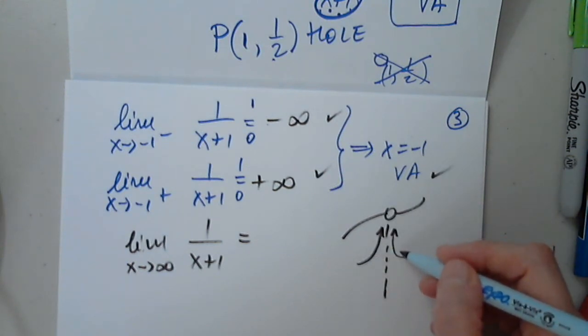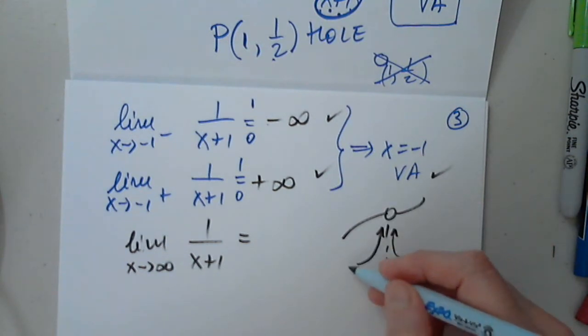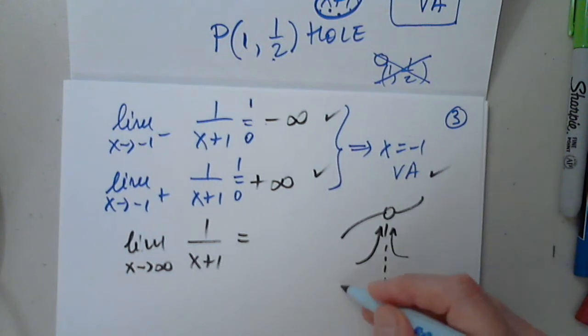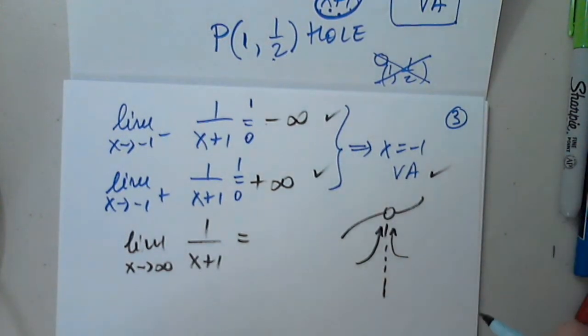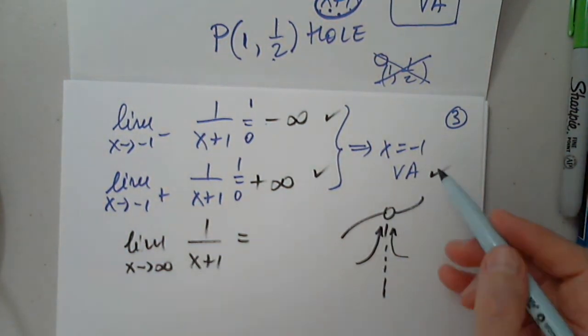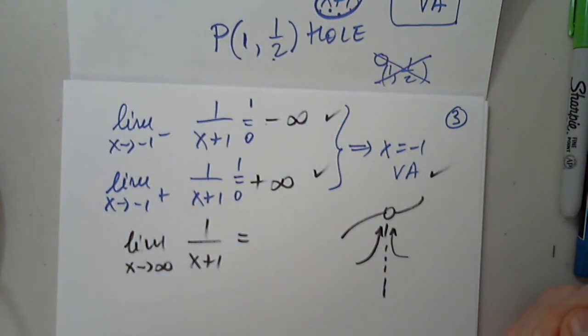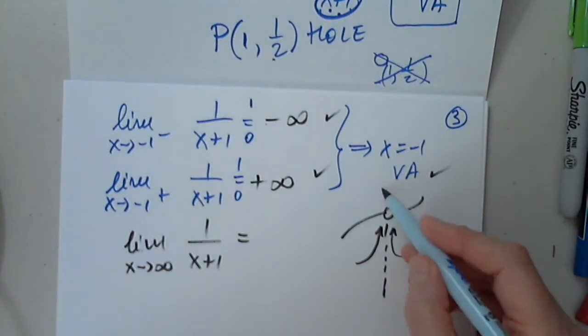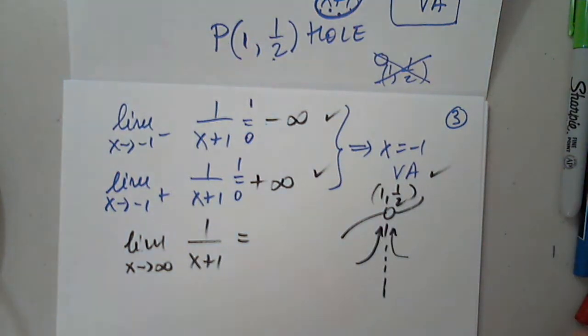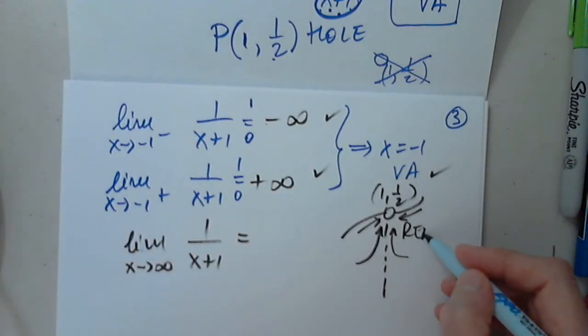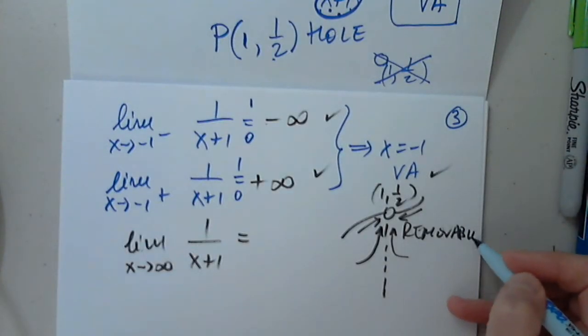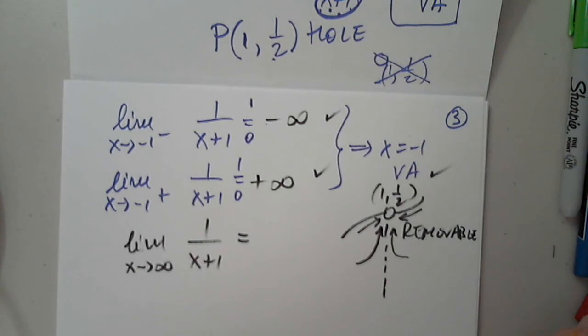Is it this? Is it this? Is it this? Is it this? I don't know. So for the vertical asymptote, I have to find the limits. For the hole, I already have it. It's 1, 1/2. Done. The limit from the left has to be 1/2. The limit from the right has to be 1/2. This is so-called removable discontinuity. Good.